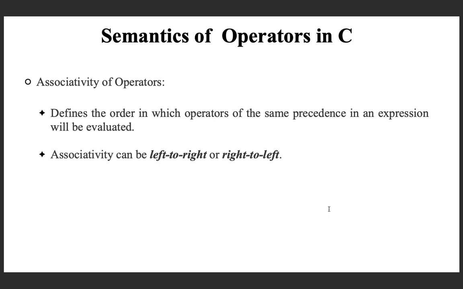And remember, if there is more than one operator, then the operator with the highest precedence will be executed first. And if you look at operators of the same precedence, then which one will be executed first will be decided by the associativity.